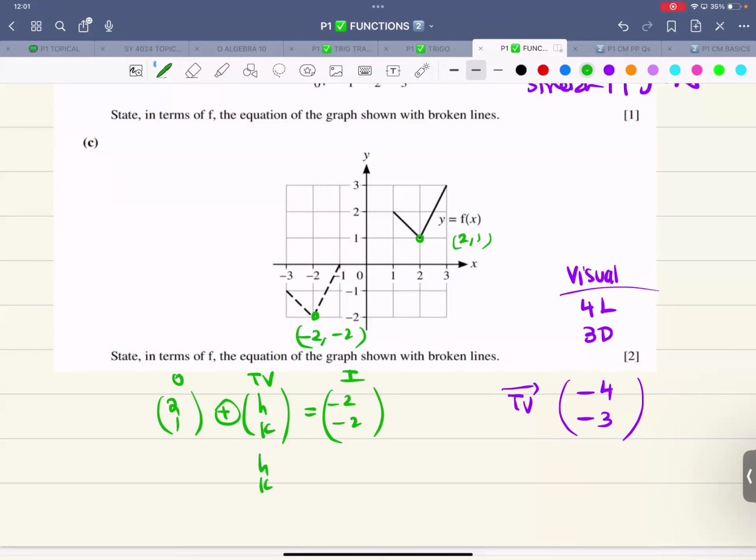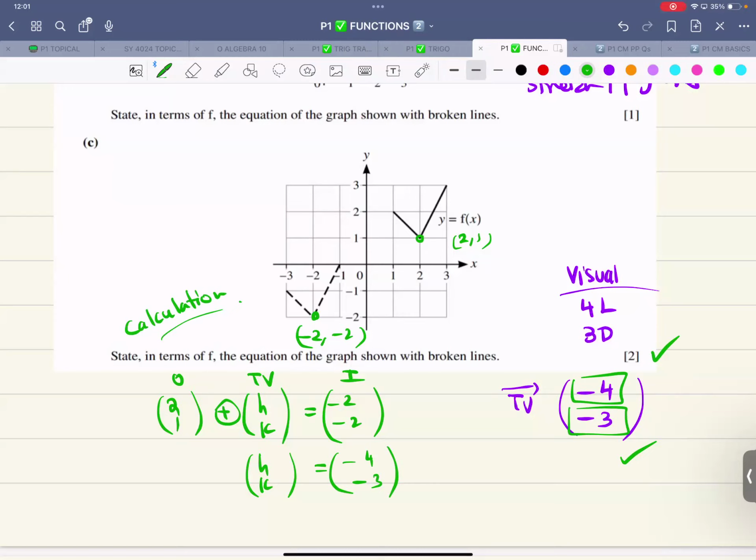So (h, k) equals (-2, -2) minus (2, 1), which is (-4, -3), which is exactly what we found. This is based upon very basic calculation. That was based upon just looking at it visually. It's for 2 marks, 1 mark for this, 1 mark for this. It's not because of any steps. It's because of accuracy.